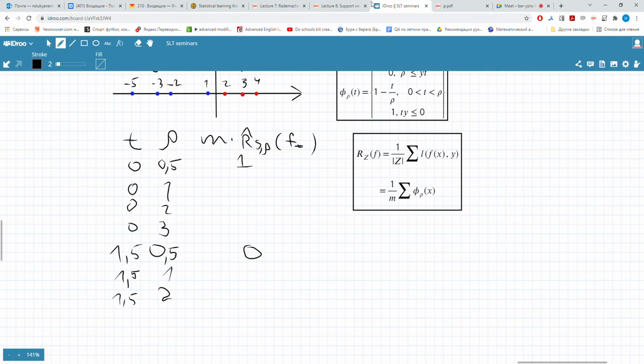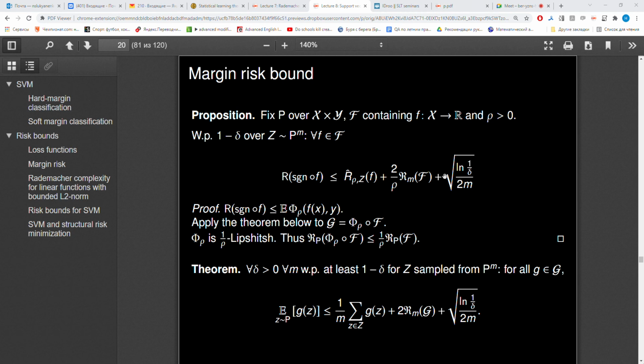Yes, and now we just need to mention that in the case of the quadratic function, it won't be 1 divided by rho Lipschitz, but it will be 2 divided by rho Lipschitz.